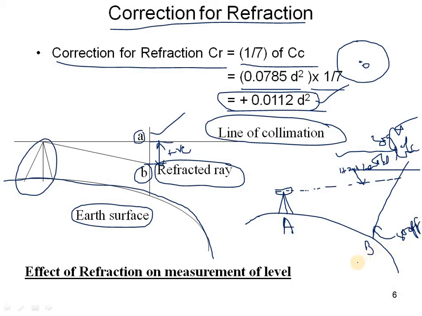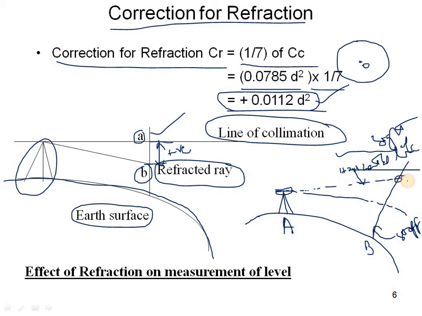And from this position, when you look from the instrument, you will get a reading somewhere here, and another which will coincide. So this will be our curvature line. That means actually this should be straight when the staff is on the flat surface.